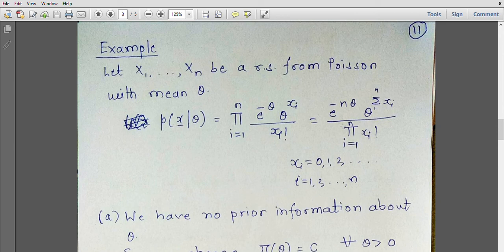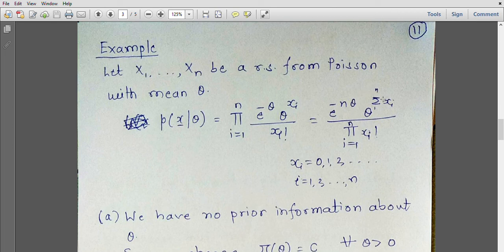So if you treat these two terms as a function of theta, you will realize that they look like the terms belonging to the gamma probability density function. And so if I start with a gamma prior, I'll get a gamma posterior, because the Poisson distribution itself contains terms which look like terms belonging to the gamma PDF.